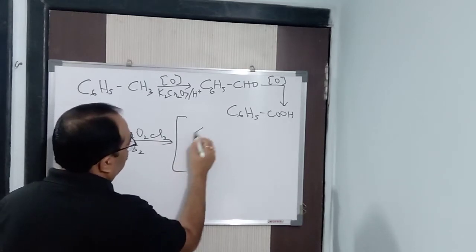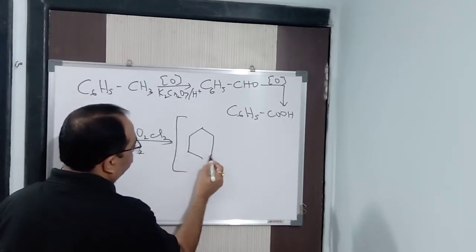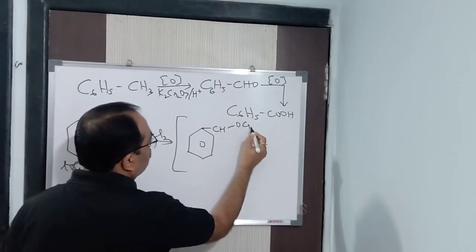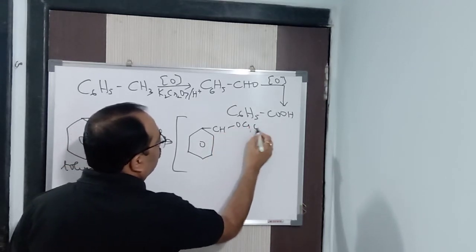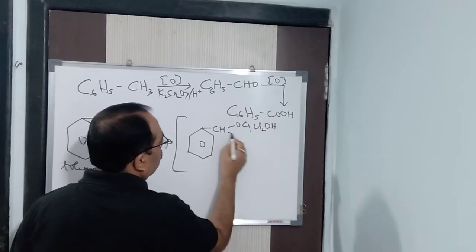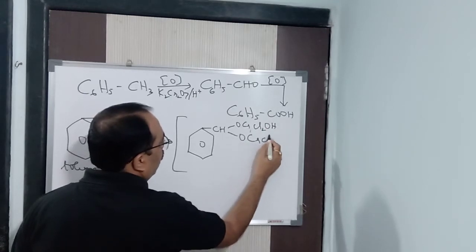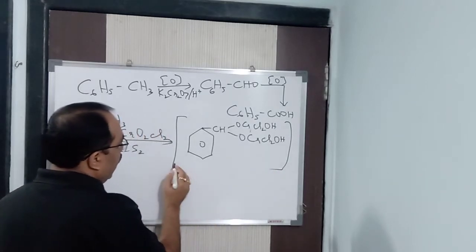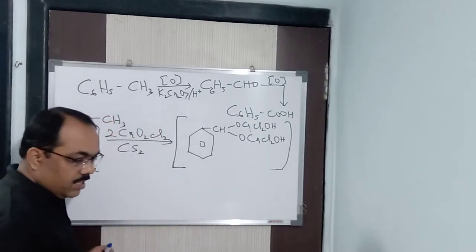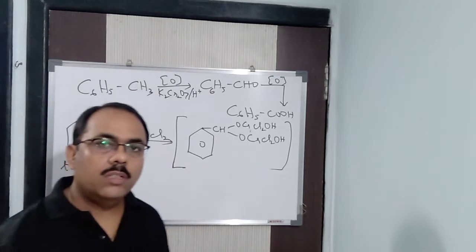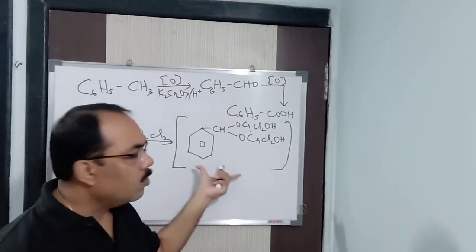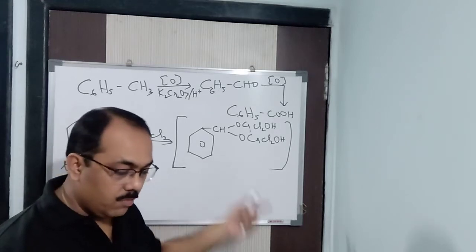That is the benzene ring, then CH, OCrCl2OH. This is the addition product, otherwise known as the brown chromium complex, because it is a brown colored chromium complex.